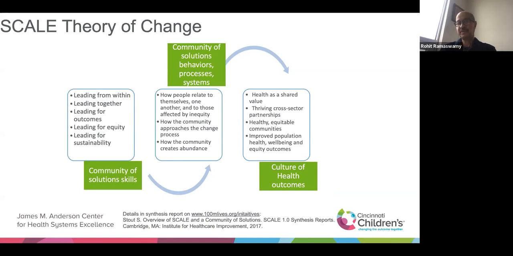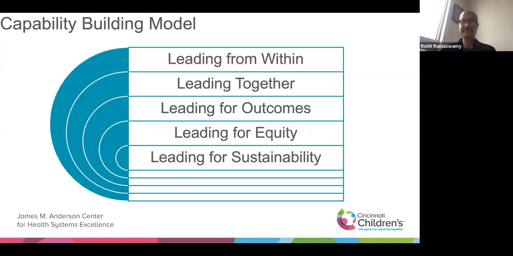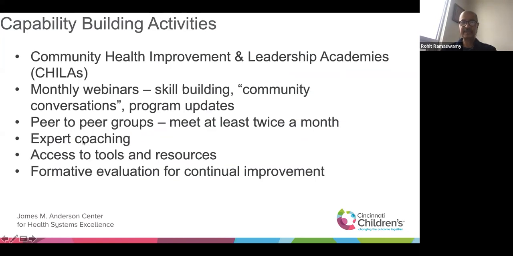And that in return would build, because this was a Robert Wood Johnson funded project, the appropriate culture of health outcomes around learning how to have cross-sector partnerships within your communities, learning how to build coalitions across communities, how to begin to think about improving health as a shared value that multiple stakeholders had. So a lot of the idea was about building infrastructure, building capacity for communities to begin the transformation journey. And so these were the 5 capability building components that I talked about earlier.